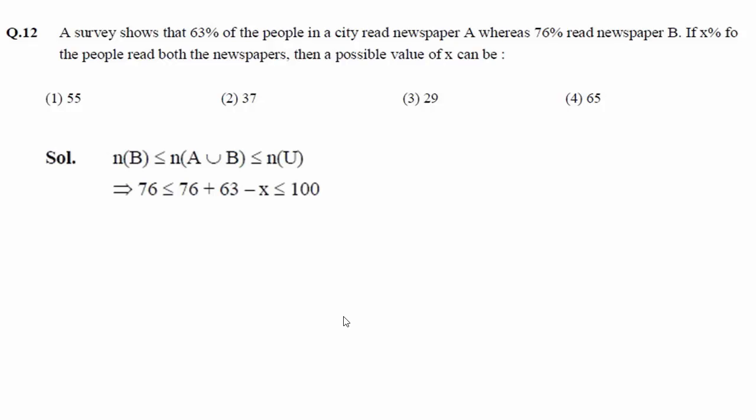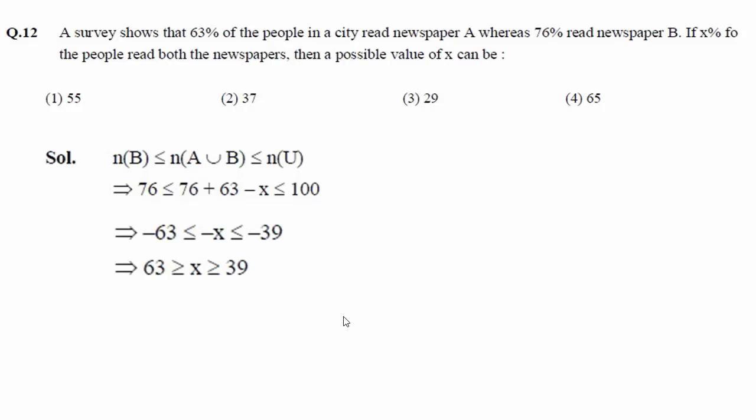Solution. n(B) is less than or equal to n(A union B), which is less than or equal to n(U). This implies that 76 is less than or equal to 76 plus 63 minus X, which is less than or equal to 100.